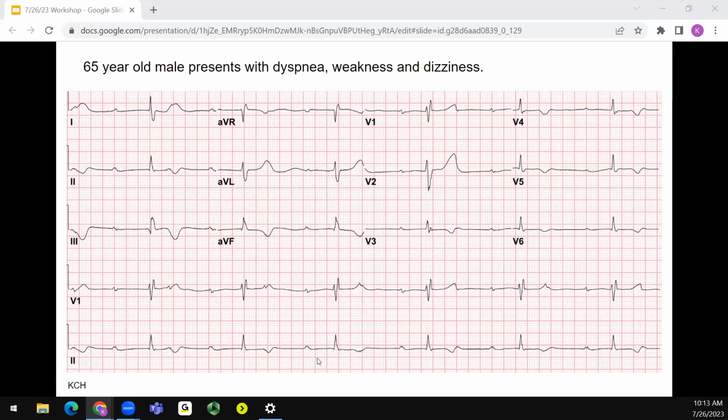The last one is 2 boxes and the first one is 3 boxes. Yeah, good, it was slowly getting shorter. And the escape rhythm is wide, so it's probably coming from the ventricles, right? So it's unlikely sinus. You have AV dissociation with a ventricular escape, and that's in the right rate range. It's third degree.